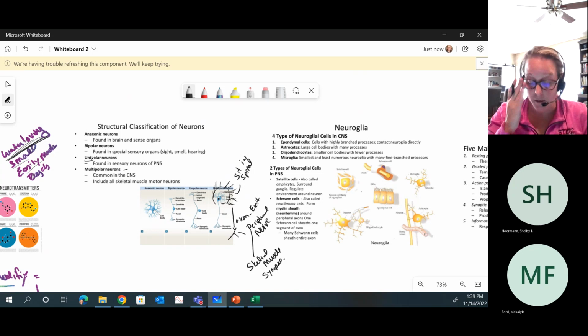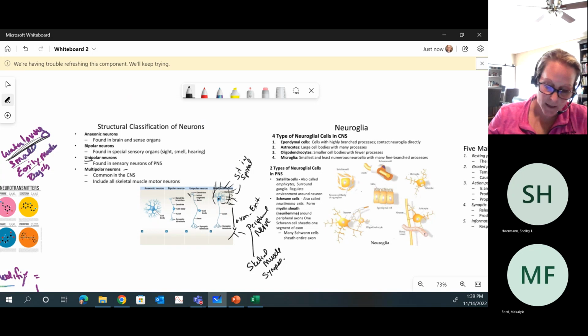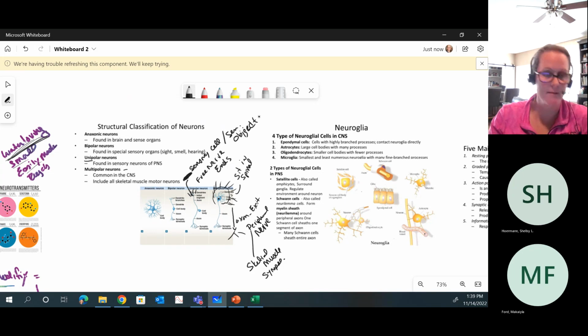This is going to be one of our unipolar neurons. Now, the difference here is the cell body is typically located somewhere off of the long branch. That branch may have a dendritic surface of free nerve endings, or it might have some type of connection to a sensory cell or a sensory object that is connected to being able to sense whatever's going on.